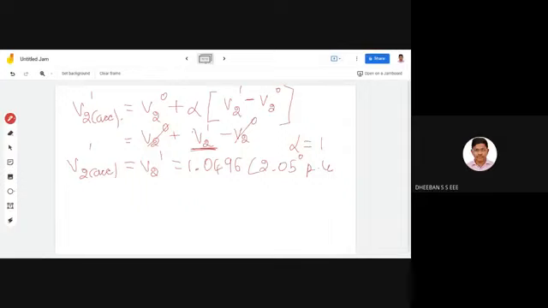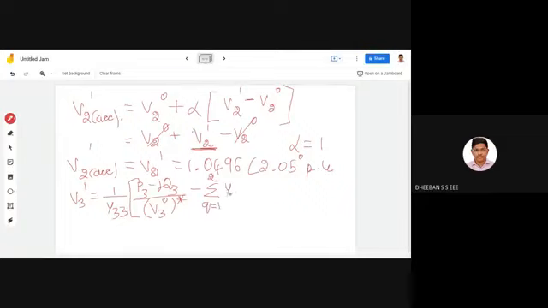So I'll be moving towards your fourth bus. Fourth bus, I'll be directly writing the equation and I'll be directly writing the answer. You just solve it by yourself. Okay, you just check it out. So V31 will be equal to 1 by Y33 into P3 minus JQ3 by V30 star, minus Y31 V1, okay, and over here it extends up to 2.